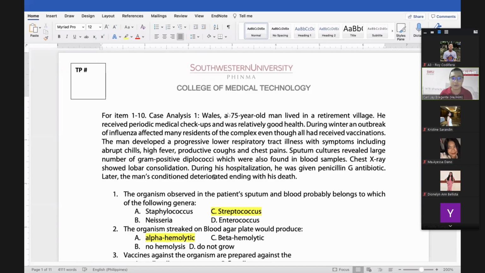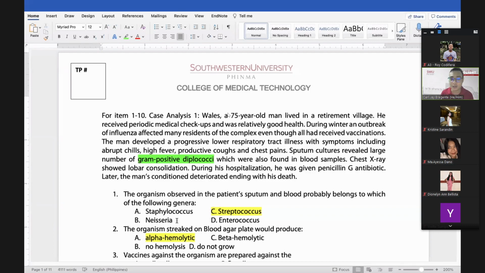So question 1, the organism observed in patient's sputum sample and blood probably belongs to the following genera. So you have there a clue, no? It's gram-positive diplococci. Staphylococcus is gram-positive, but it's not diplococci, it is cocci in clusters.